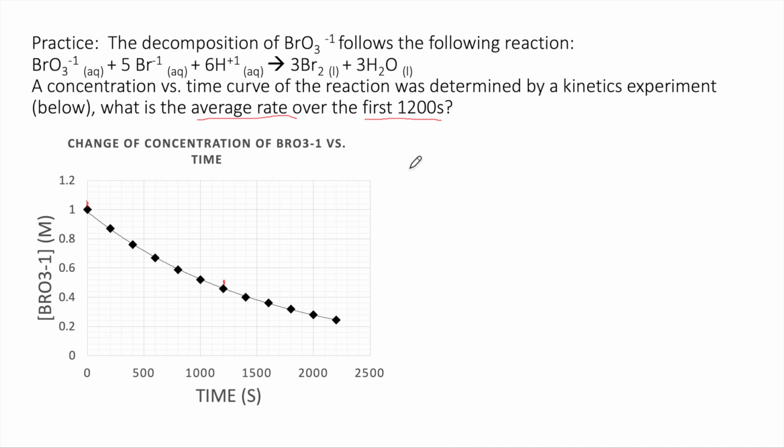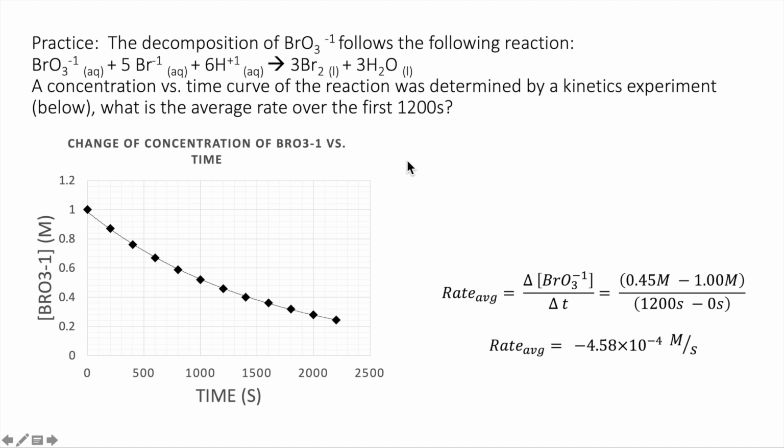All right, hopefully you did well on this one. Let's take a look at the answer. The final concentration at 1,200 seconds, looking at this point, is 0.45. The initial was at 1 molar, the final time was 1,200, and the starting time was 0 seconds.